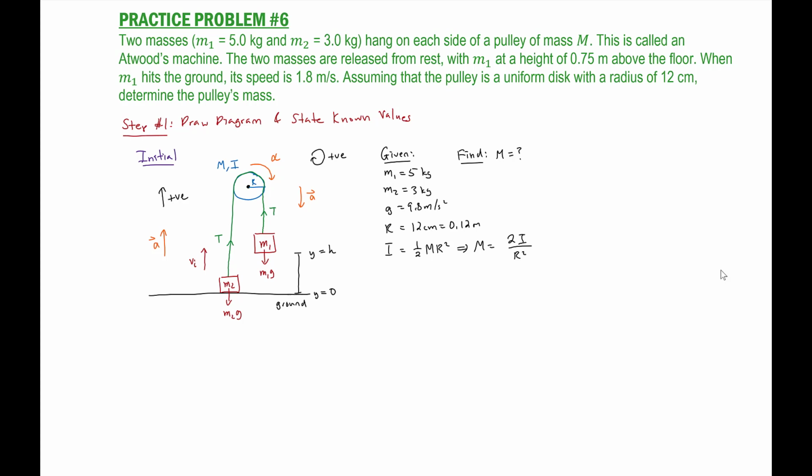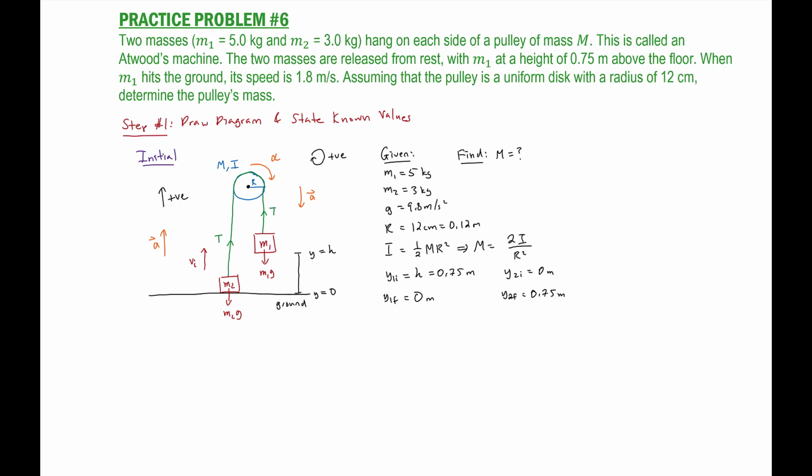Next we have the initial height of the first mass being h, which is 0.75 meters, and the initial height of the second mass being 0 meters. We have the final height of the first mass being 0 because it hits the ground, and we have the final height of the second mass being 0.75 meters.